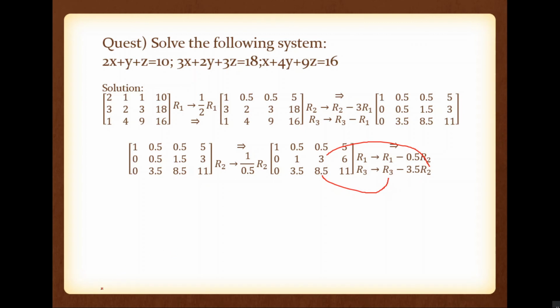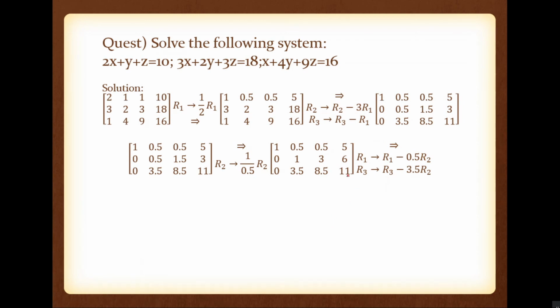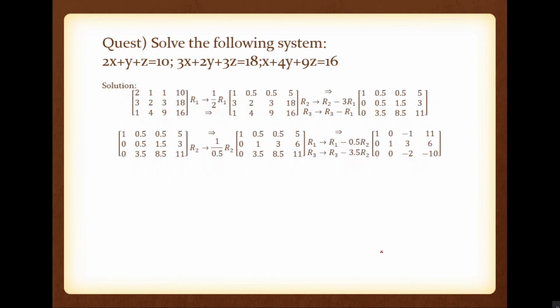So that is minus 2. Now 11 minus 3.5 into 6, 11 minus 21, so that is minus 10. Okay. So the resultant matrix is this one.